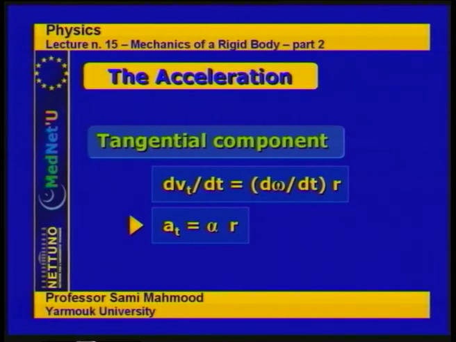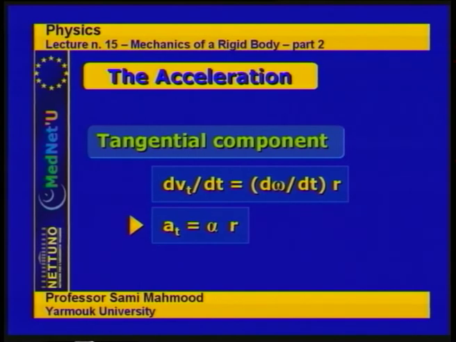We have to remember that this form of the acceleration gives only the tangential component, that is responsible for changing the magnitude of the tangential speed, that is a t.